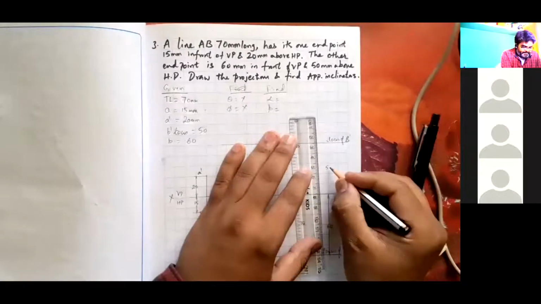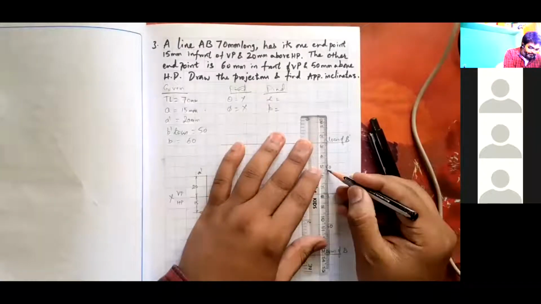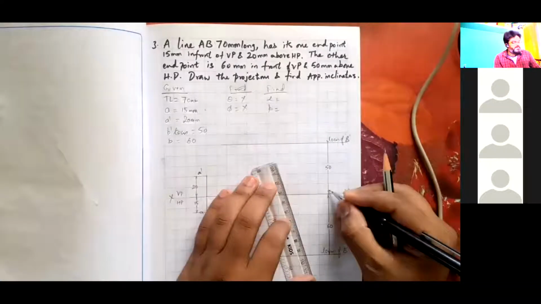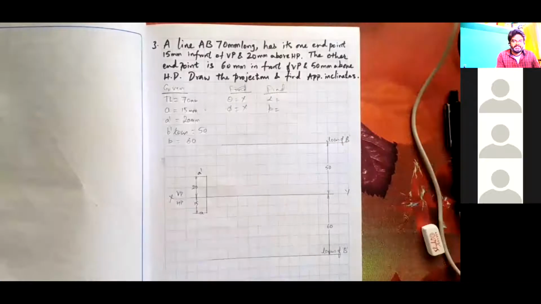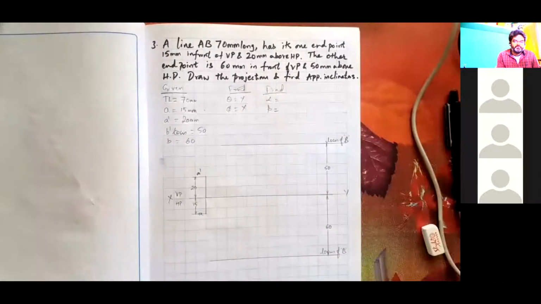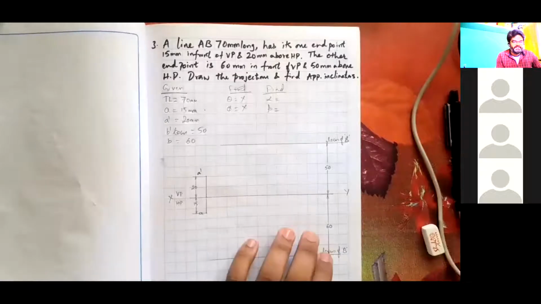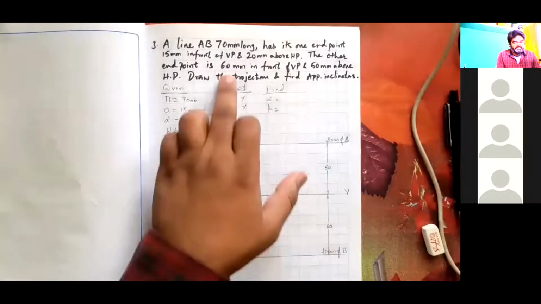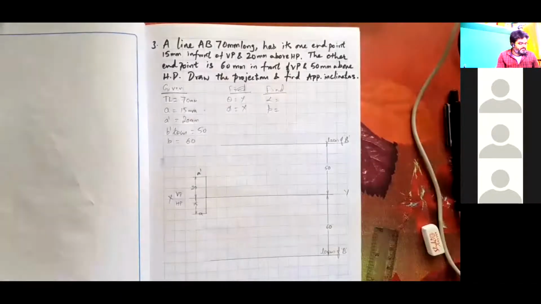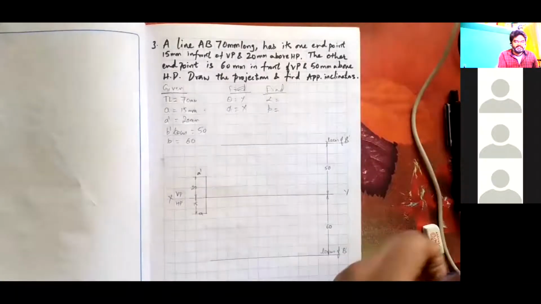Draw a thin line and dimension. Very important. This is the first step. You can draw it on the left hand side, freehand sketching, and then continue here. Before you draw, after reading the problem, you can draw a rough sketch on the unruled sheet and then start here. Because of time constraints and classes, we are continuing here. You can draw it like this also.